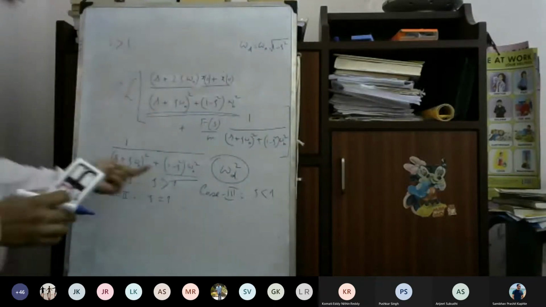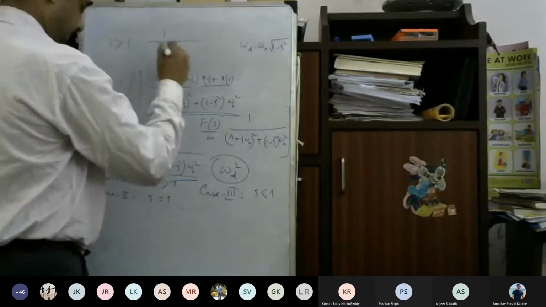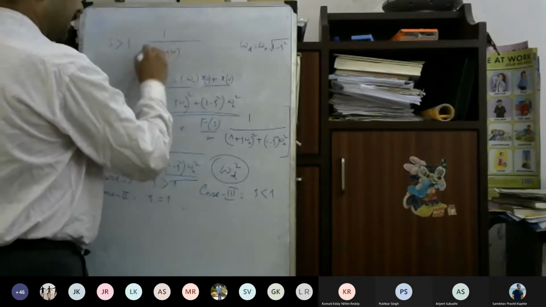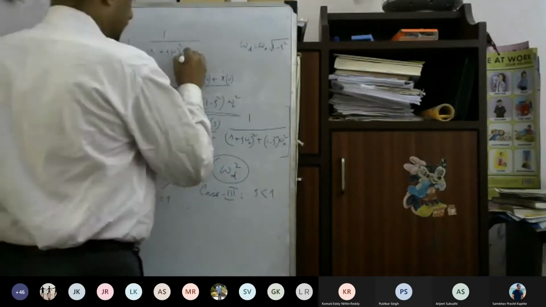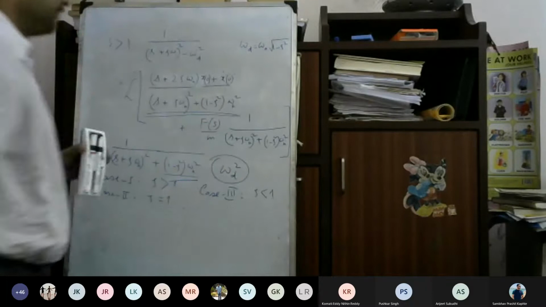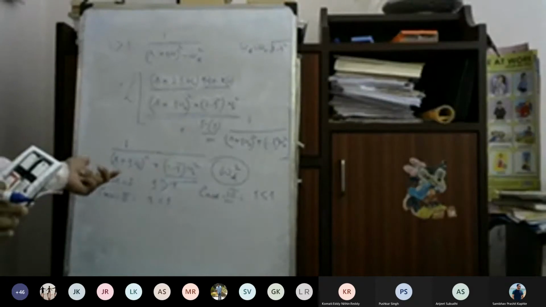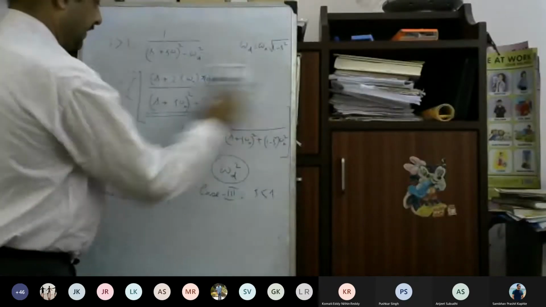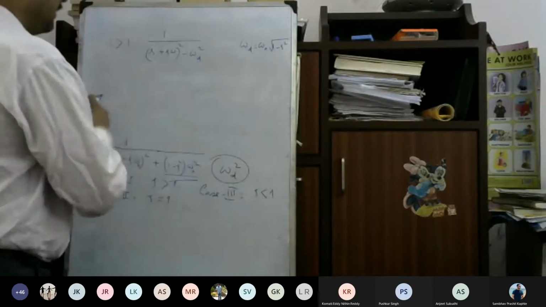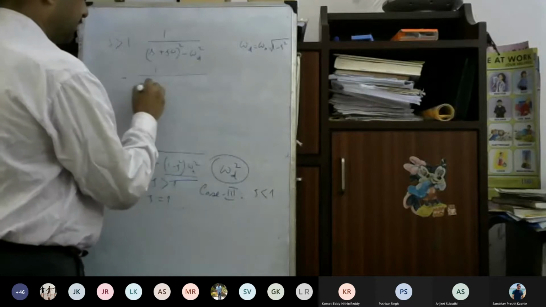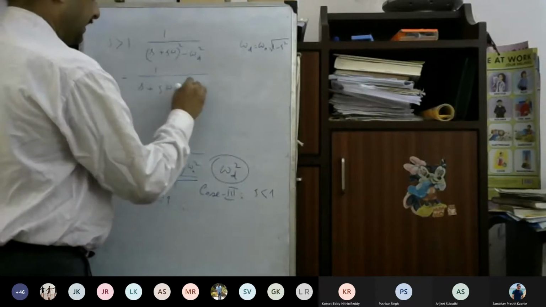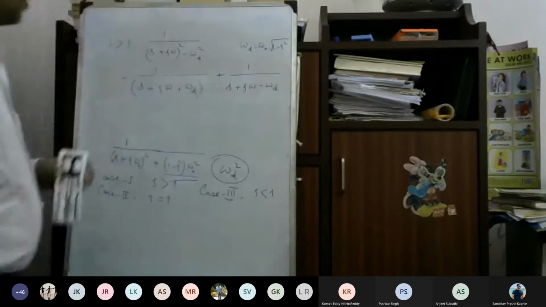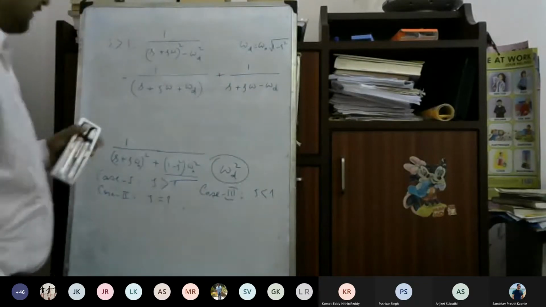Then the denominator becomes 1 by s plus zeta omega n squared plus or minus omega d squared, which will factor as s plus zeta omega n plus omega d, and s plus zeta omega n minus omega d. Okay, so that will happen.